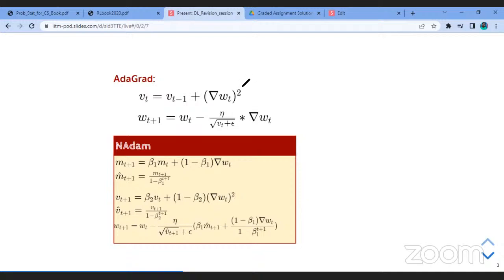So if you go for higher values, as you know, in the square gradient root, the square root is one thing. If we use a cube root instead of square root, what will be the effect?